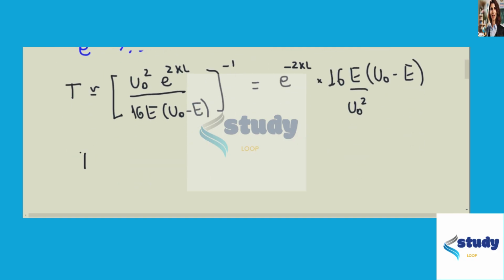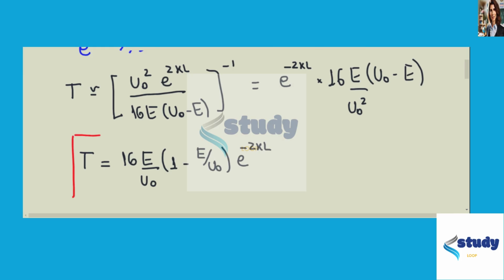So this is equal to 16e divided by u0 times 1 minus e divided by u0 times e to the minus 2 KL. Okay, so this is exactly the expression that we had in the book for KL much greater than 1.